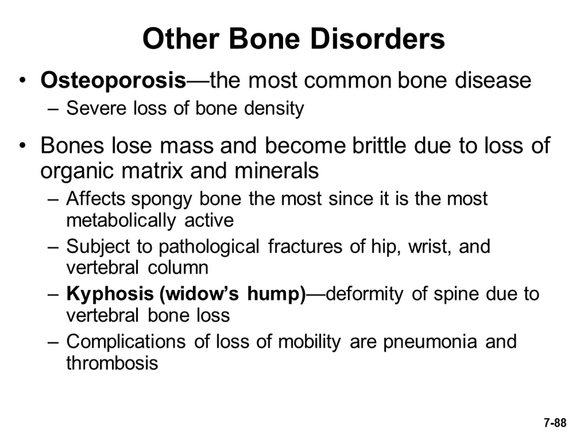By age 70, the average white woman loses 30% of her bone tissue. Until menopause, estrogen maintains bone density by inhibiting osteoclast activity, and then osteoclast activity begins to outpace bone deposition.